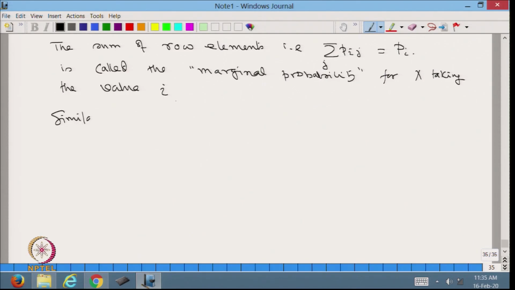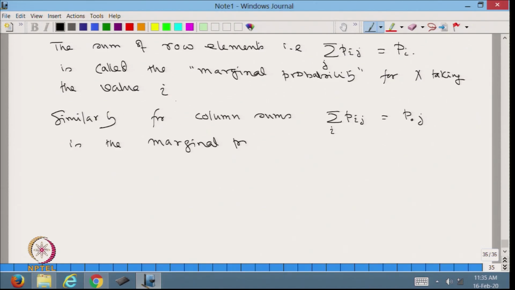Similarly, for column sums, sigma P_ij over i, called P dot j, is the marginal probability for y taking the value j.